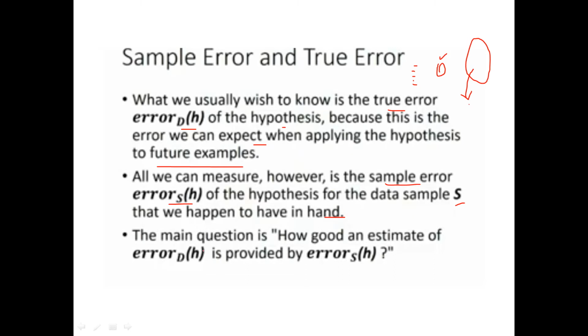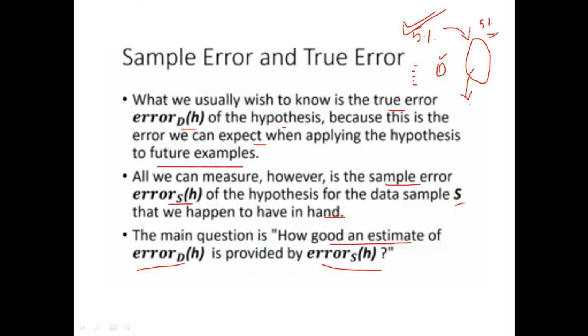Now our question is: how good an estimate of the true error is provided by the sample error? With the help of this sample, if you say that there is 5% error coming with your model, then when you go to your entire population, is your model also doing 5%? If it does 5% with your sample, and when you take your entire population it also does 5% only, then your model is very good, it is very accurate.